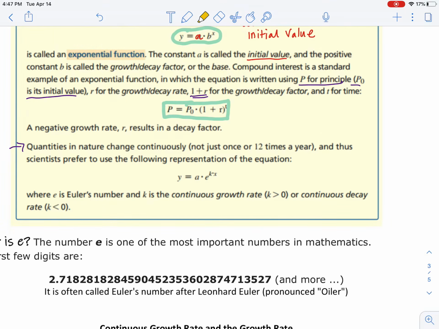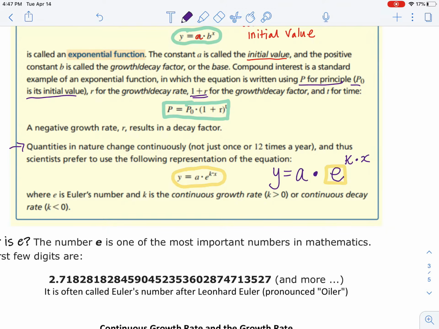Thus, scientists prefer to use the following representation of the equation. We're not really going to derive this formula. We're just going to use it. We're going to be given y equals a times, a is still the initial value, and we're going to multiply that by e to the k times x power.